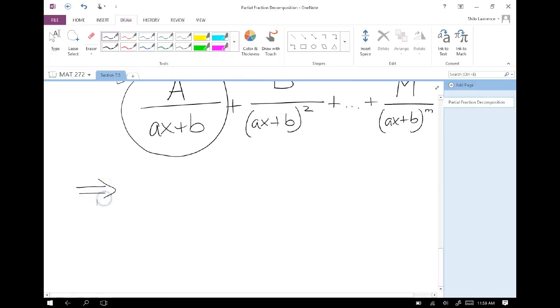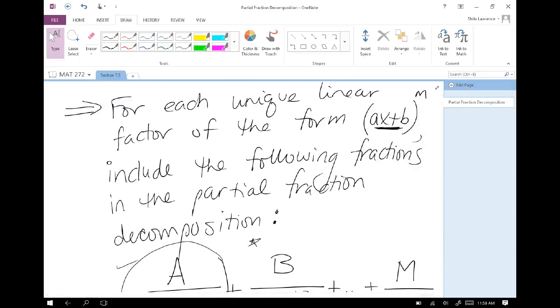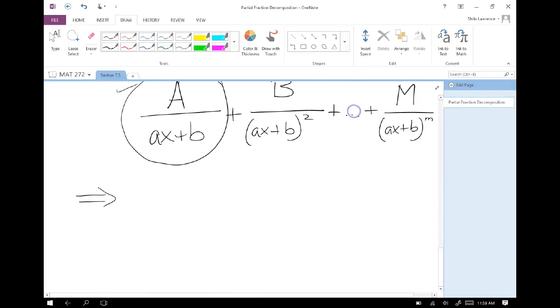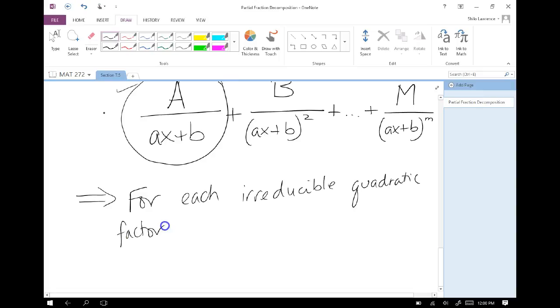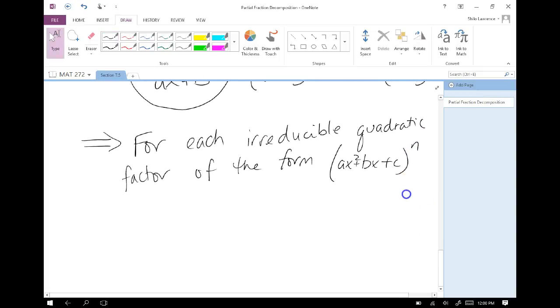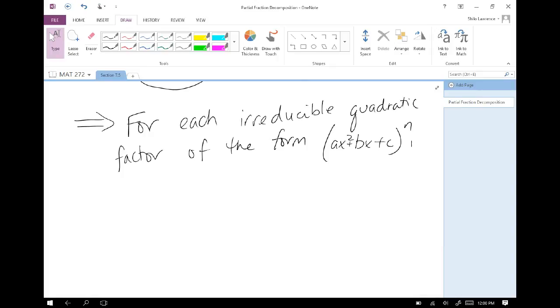For our irreducible quadratic factors, I'm going to say the same thing. For each irreducible quadratic factor of the form ax squared plus bx plus c to the n, because it might get repeated multiple times, which is very rare, but it's possible.